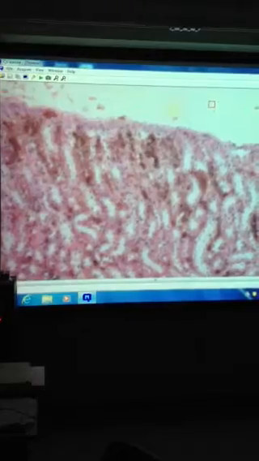I want to find a better example of these tubules. The other thing I want to find, if possible, is a glomerulus with arterioles.